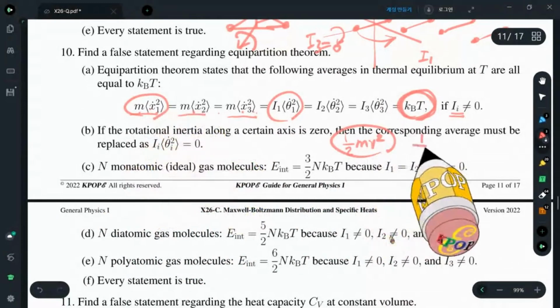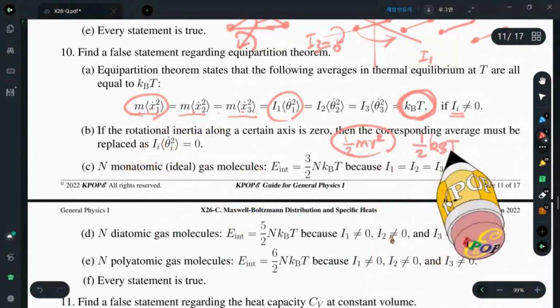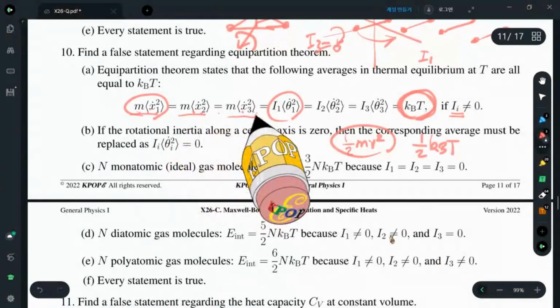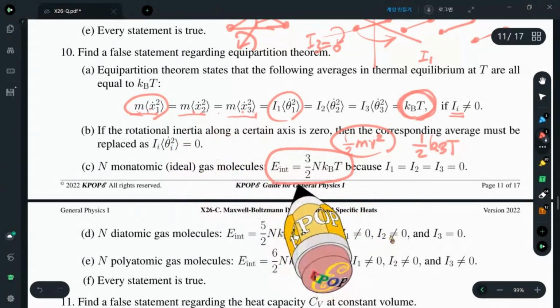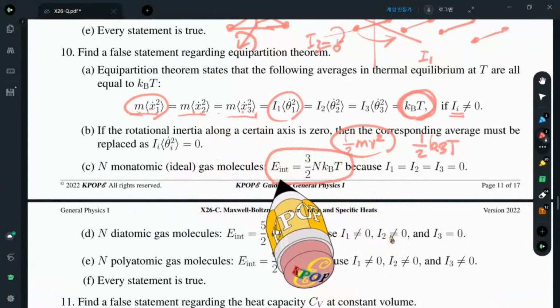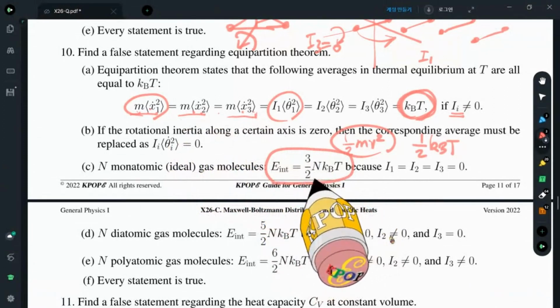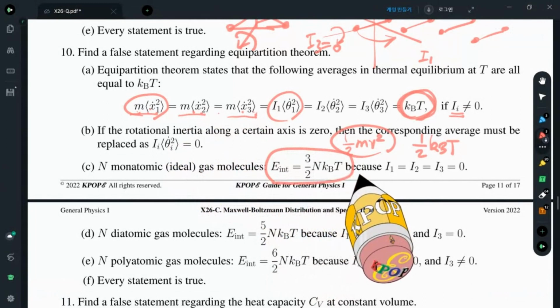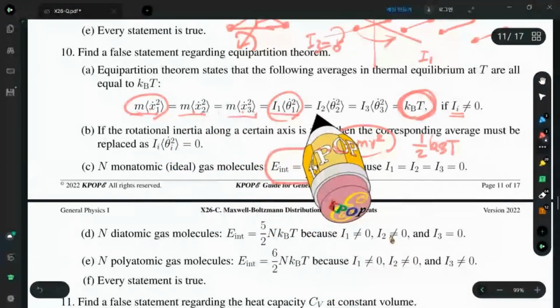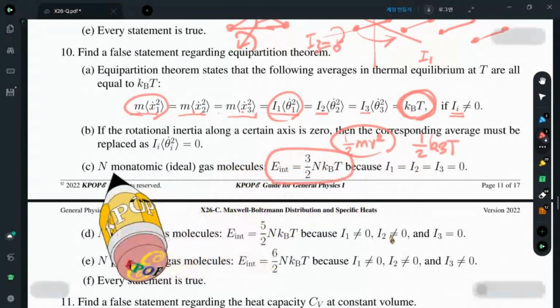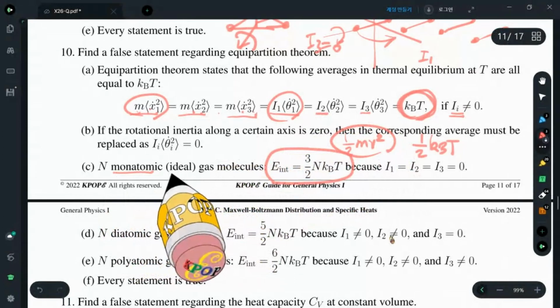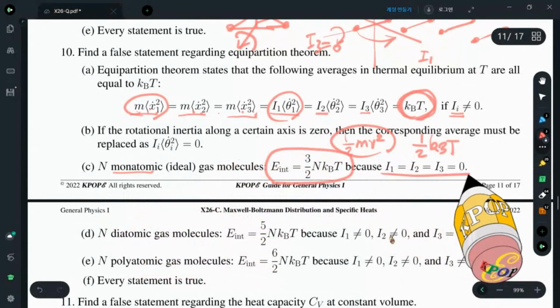Each axis gives 1/2 kBT, and we have 3 axes of translation. That's the reason why internal energy is 3/2 n kBT. And the rotational inertias I1, I2, I3 are all 0 for monatomic gas that is structureless. There is no rotational kinetic energy contribution.